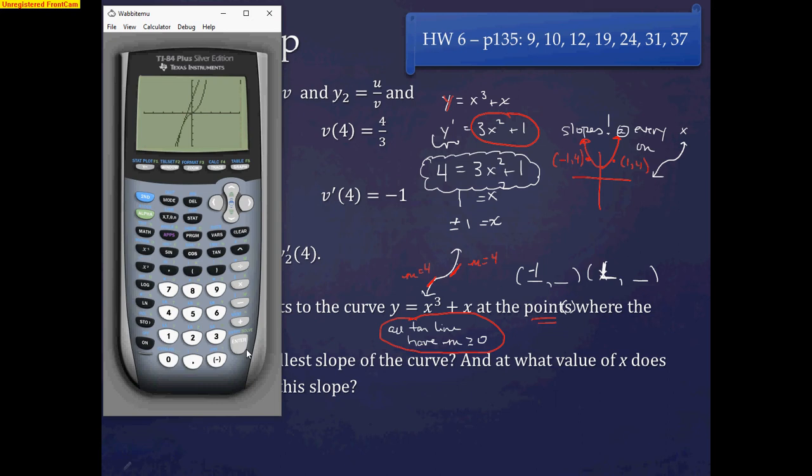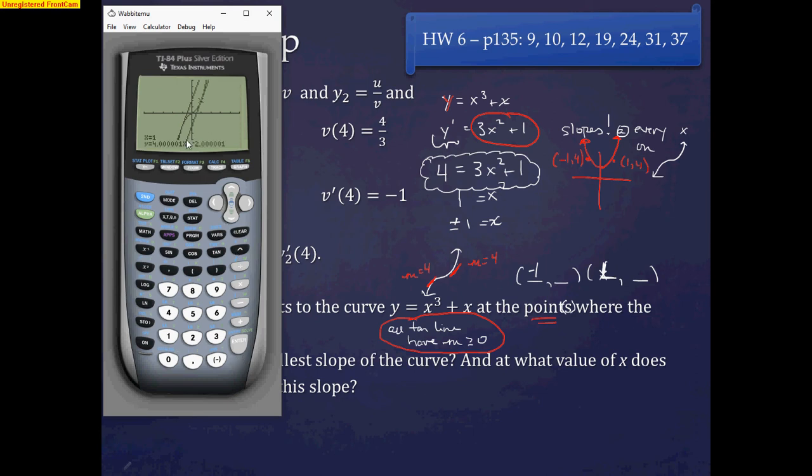There's the tangent line. Look what the slope of the tangent line is. 4. How about let's do the same thing at 1. Draw the tangent line on the graph x cubed plus x where x is equal to 1.